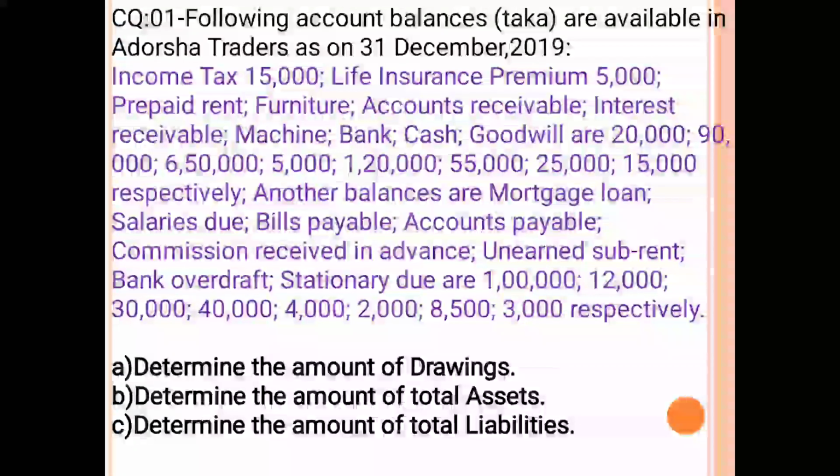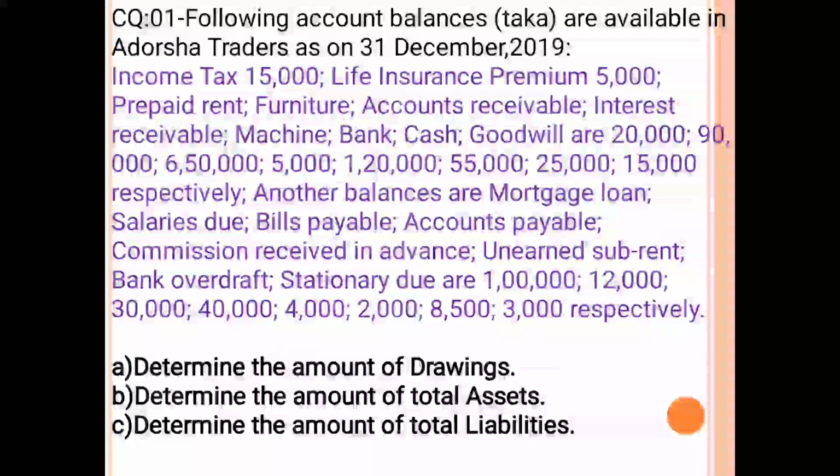And the amount of total liabilities will include different types of liabilities, that is current liabilities, that is short-term liability, and long-term liabilities. In this question, we have seen different types of assets, liabilities, and drawings are available.